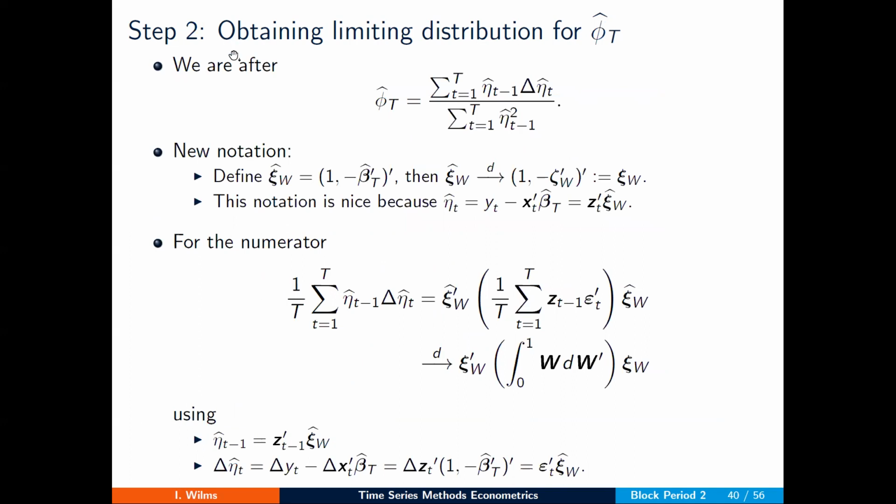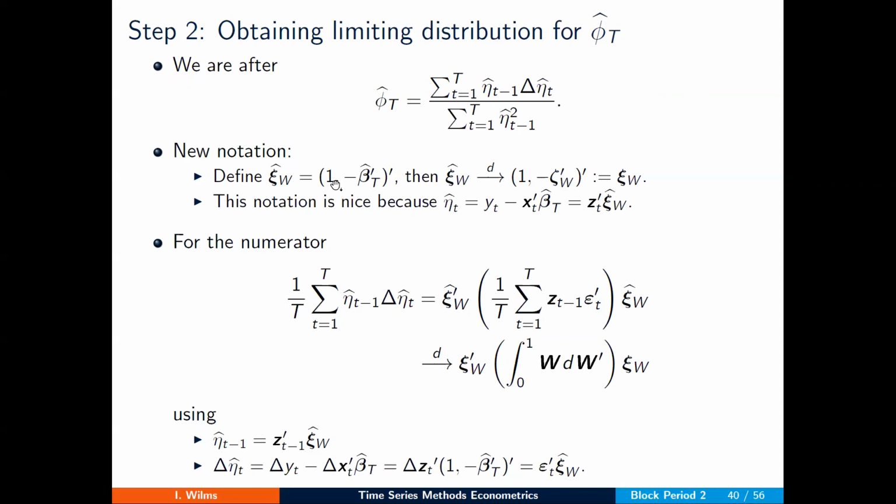What is step 2? Well, in our second step, we care about the limiting distribution of the estimator for phi in our unit root test equation. So let us introduce some new notation to be able to write everything down compactly.